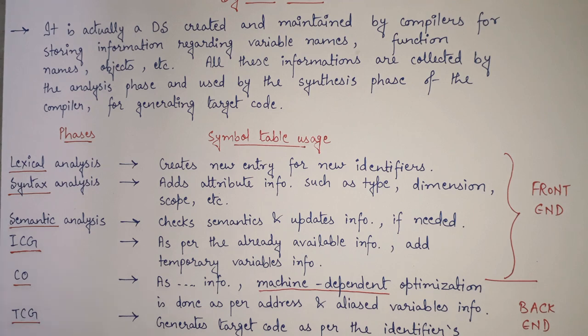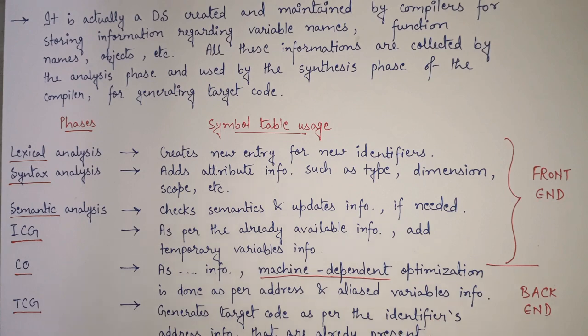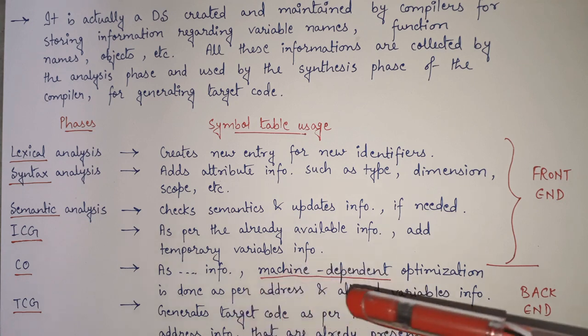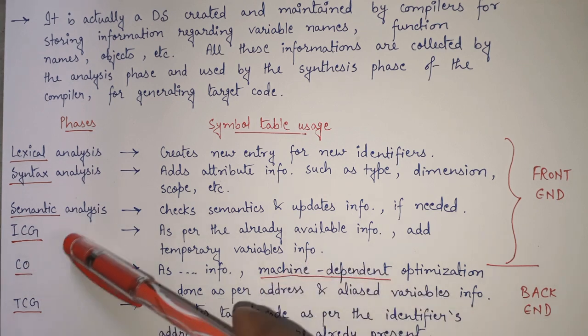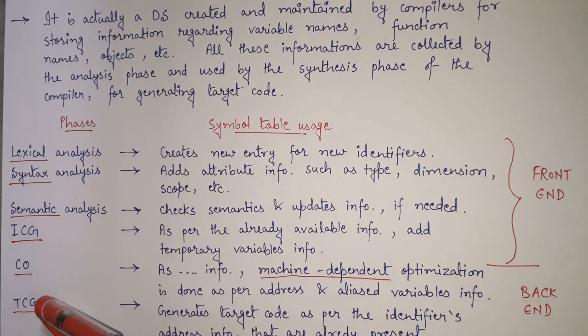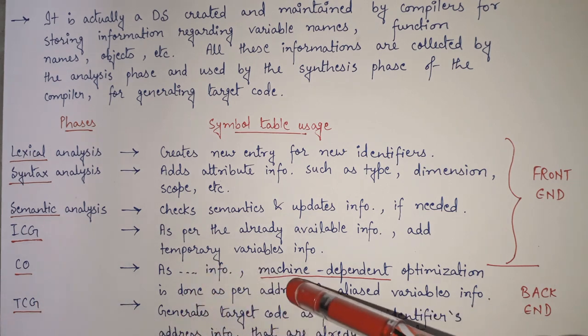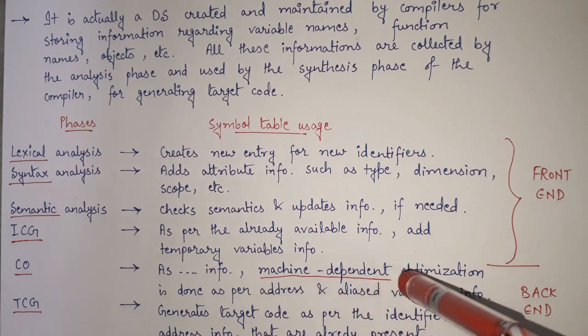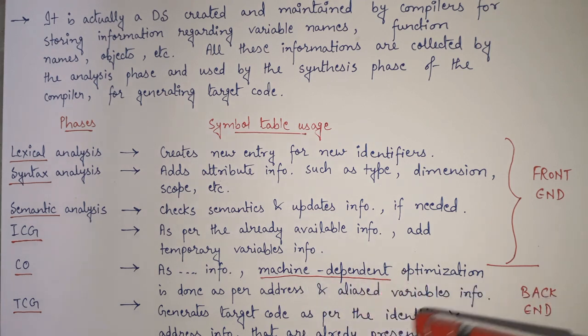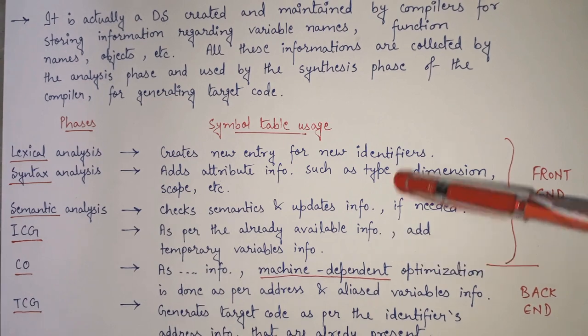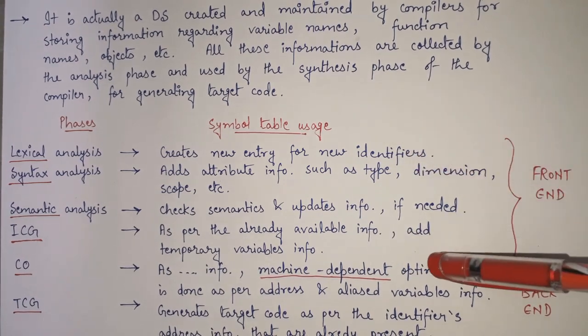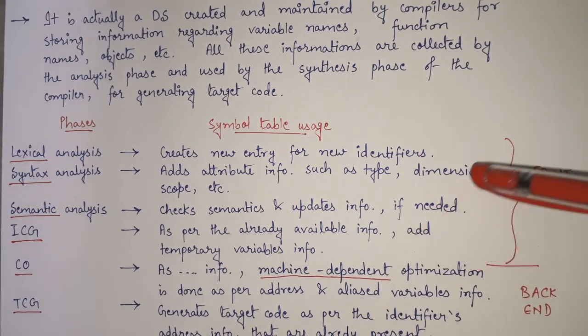Similarly, target code generator will generate target code as per the identifiers' address information that is already present. So you have to remember that code optimization will optimize the code and target code generator will generate the target code, but both do this machine dependently, meaning they work for the particular machine for which they are working. But these four do whatever work they do independently.